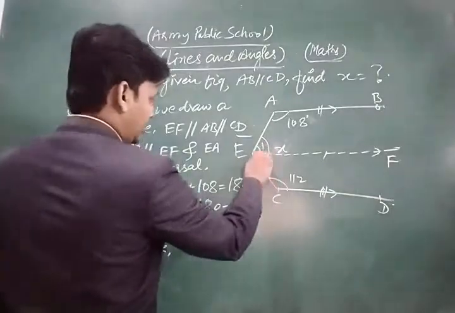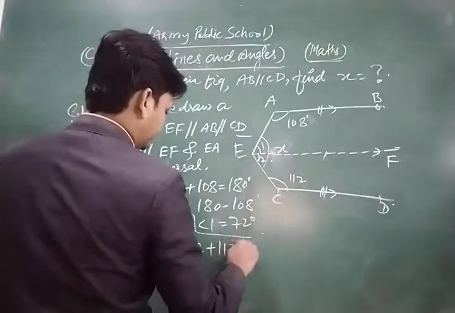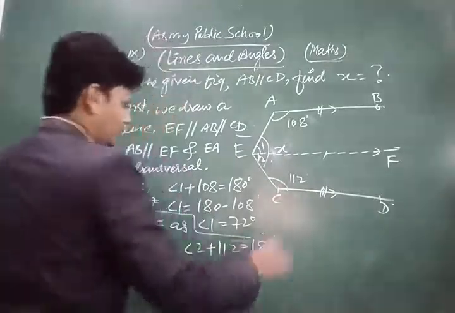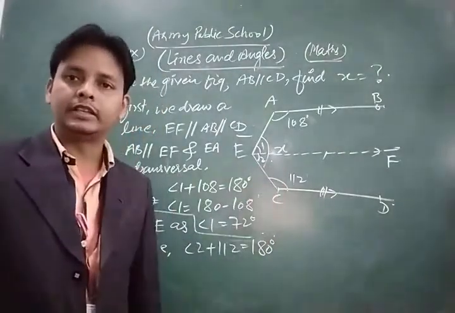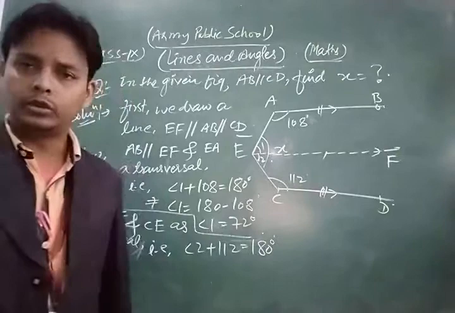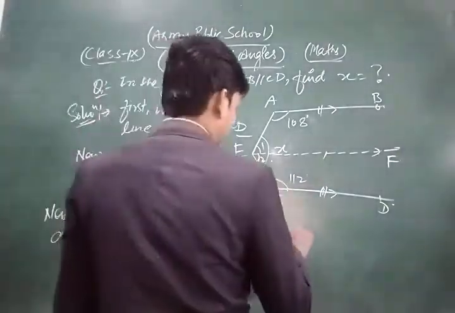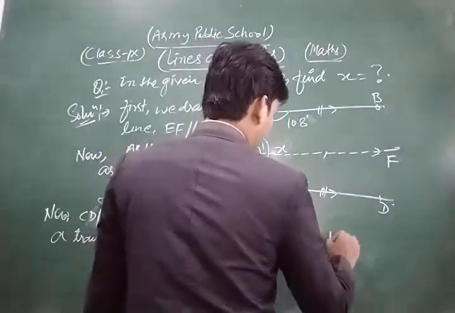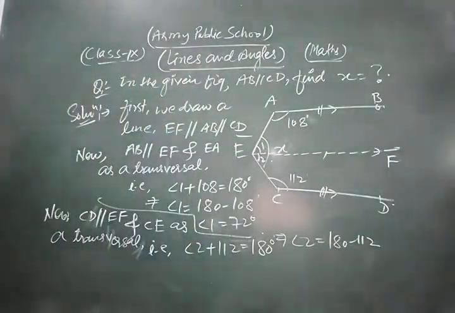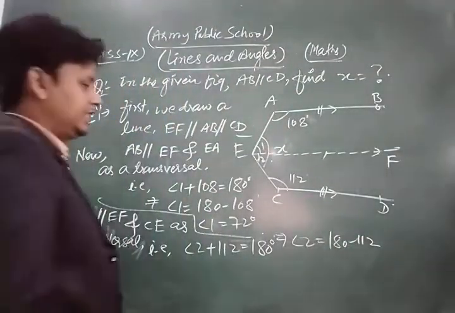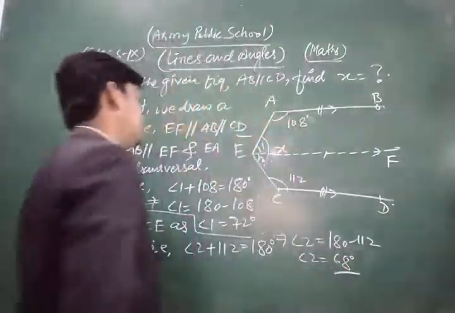That is, angle 2 plus angle 112 is equal to 180 degrees because they also form a co-interior angle, and co-interior angles are supplementary to each other. Now from there we find angle 2, that is angle 2 is equal to 180 minus 112, so we have 68 degrees. So angle 2 is what? 68 degrees.